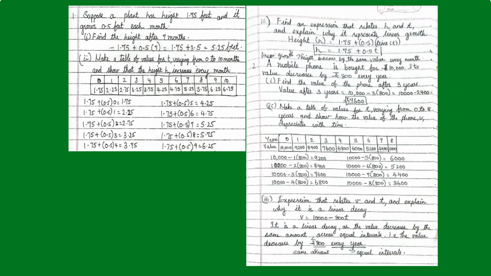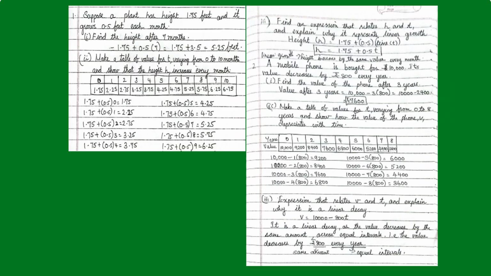Make a table of values of t varying from 0 to 8 years and show how the value of the phone depreciates with time. So 0 to 8 years, right? This is brand new, just now you have bought, its value is 10,000. So at the end of 0 years, or even before a year has begun, the value remains 10,000.